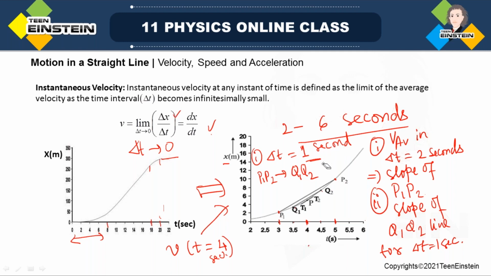Now, if I just decrease further and further and further, and if I tend this delta t interval towards 0, slowly towards 0, look, at some time your this Q1, Q2 line becomes a point, just a point P, exactly at 4th second.